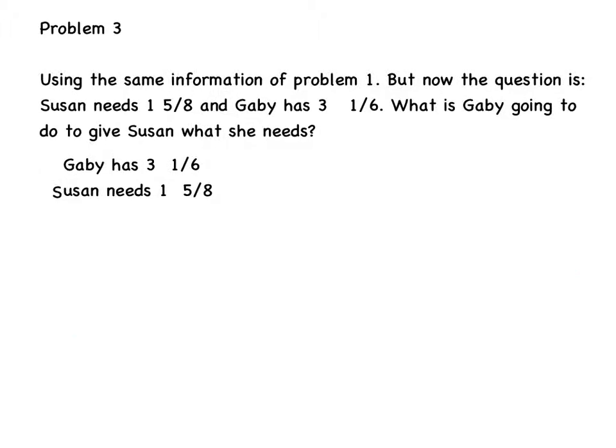Okay, now our problem is using the same information of problem number 1. But now the question is, Susan needs 1 5/8 and Gabby has 3 1/6. What is Gabby going to do to give Susan what she needs? Well, once again, the first thing is to get a common denominator.